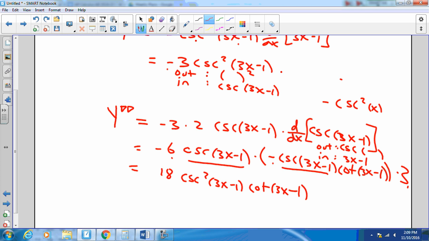Oh, so you multiply the cosecants together. Yes, exactly. Cotangent doesn't have a negative sign, but don't we... No, it's negative cosecant cotangent. Well, it's negative 1 times cosecant times cotangent. Right, and you can multiply in any order.